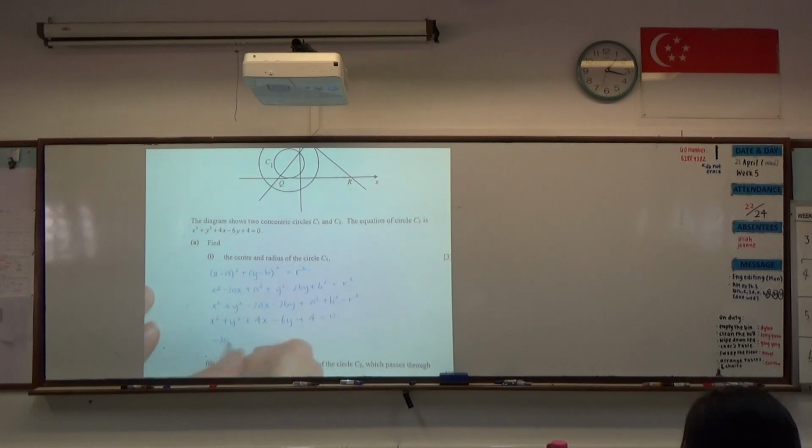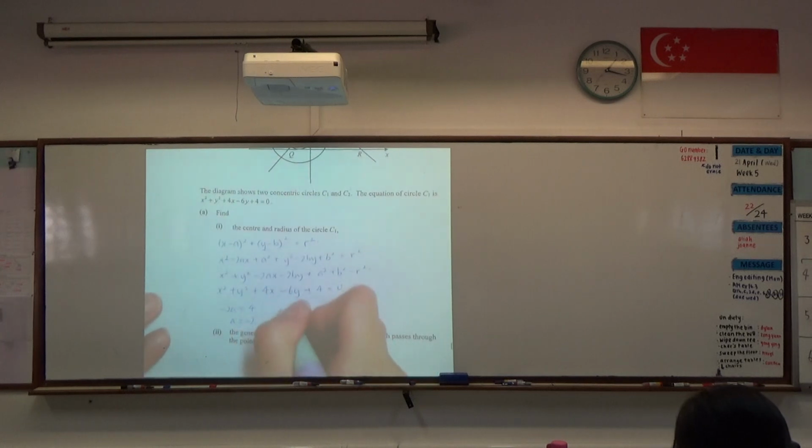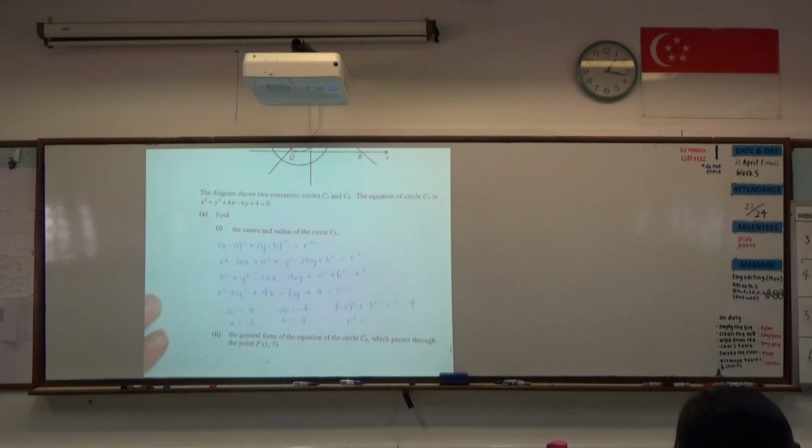So negative 2a equals to 4, a is negative 2. Negative 2b is negative 6, b is equal to 3. So negative 2 squared plus 3 squared minus r squared equals to 4. R squared will be equal to 9, r is 3. So therefore, center is (negative 2, 3). Radius equals to 3 units.